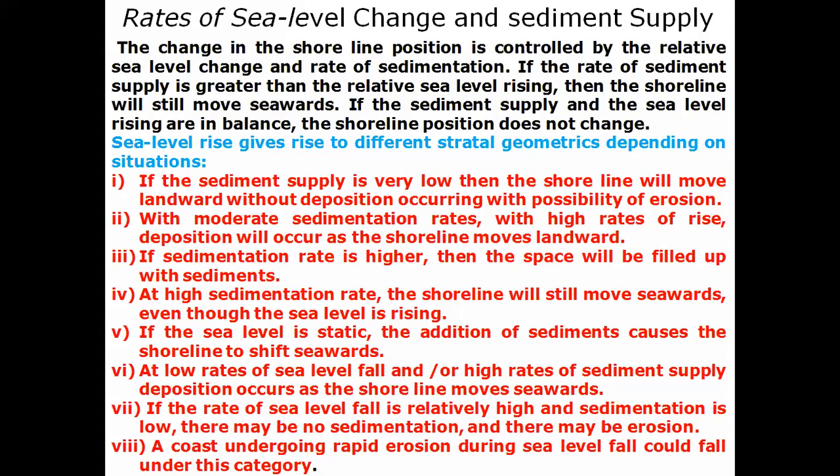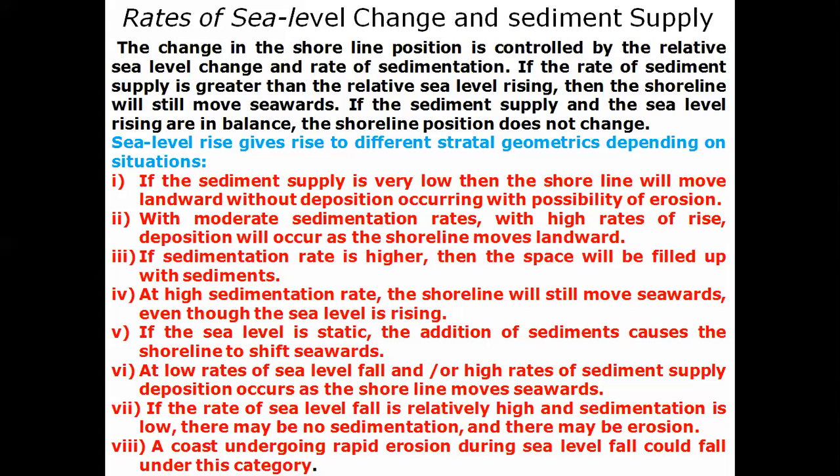If the sediment supply and the sea level rise are in balance, the shoreline position does not change. That means the shoreline will remain in its position, though the sea level is rising, but the supply of sediments is in such a position that it covers that area and no rise you can see.